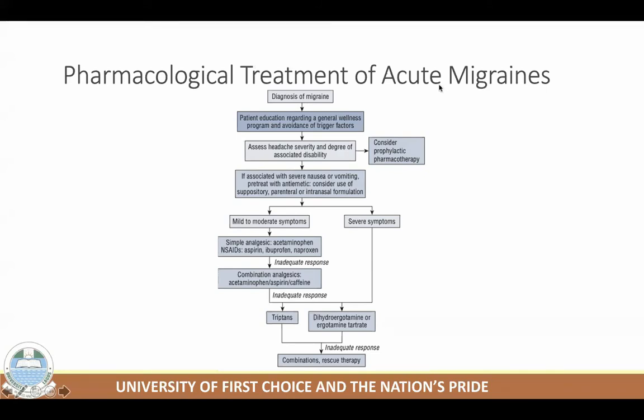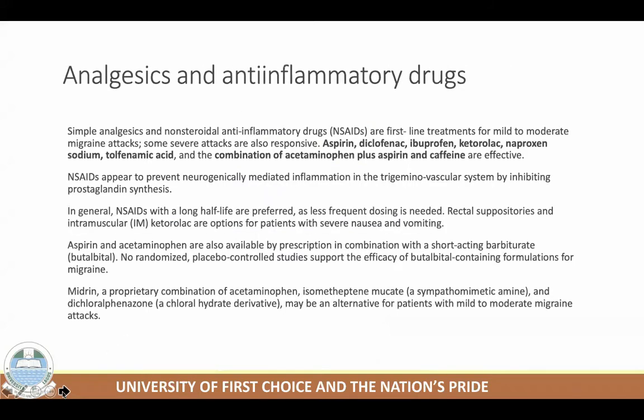Okay. Frequent use can increase the frequency of headaches and also worsen the type of headaches that you have. So it's important that you do not use the reliever medicines until when you need them. Very, very important. So let's really talk about analgesics and anti-inflammatory drugs.